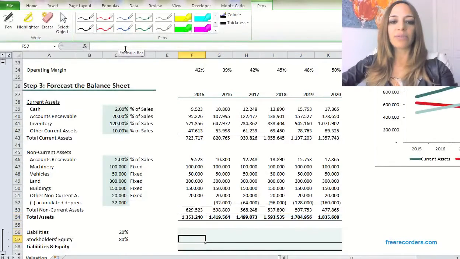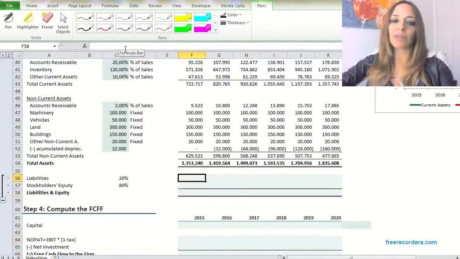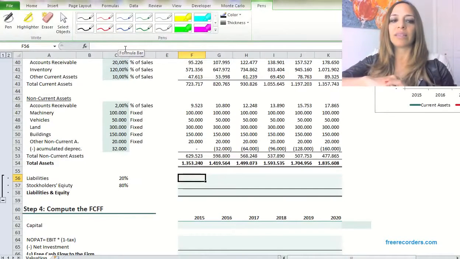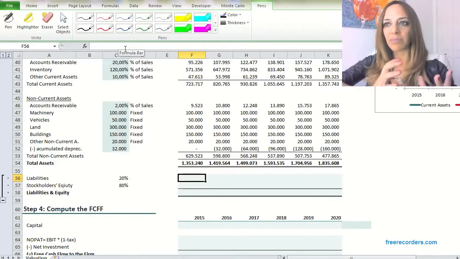Now, let's go to the right part of the balance sheet. We don't really need this for the cash flows. We will take into consideration the financial structure, the capital structure, in calculating the discount rate. When we calculate the WACC, then we will need this 20 and 80% financing mix.